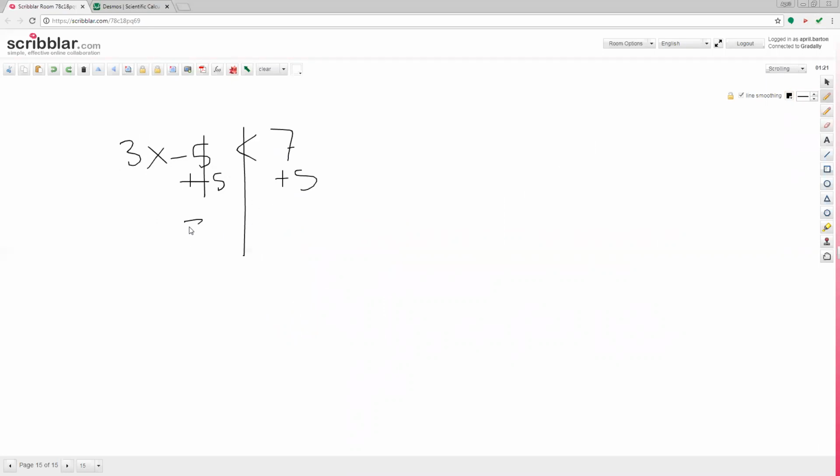Okay. So plus 5, and then I put a 5 on the side of the 7. Mm-hmm. I would take that one out. I bring down the 3x. Good. Then 7 plus 5, 13. Close. I mean 12. I'm sorry. 12. And bring that down.